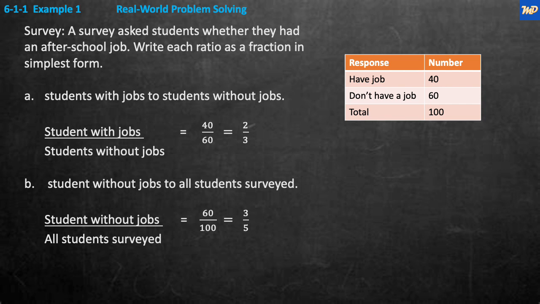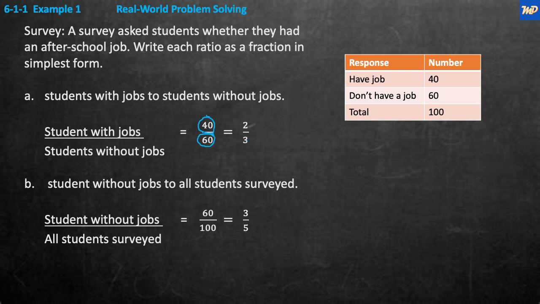So students with jobs was 40, right here you see the 40, and students without jobs is 60, right here. That ratio, 40 to 60, is 2 to 3, because you can divide 40 by 20 two times and 60 by 20 three times.